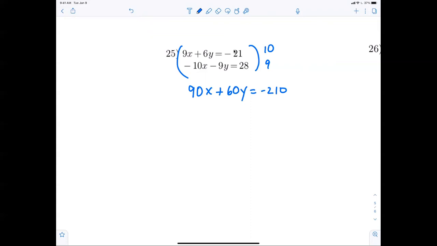One we call negative, because we're eliminating the x's. Do you agree? I'm eliminating the x's. So one of them is already what? Negative. Yes.